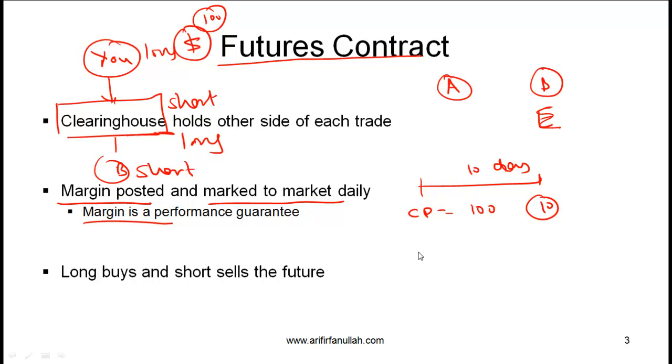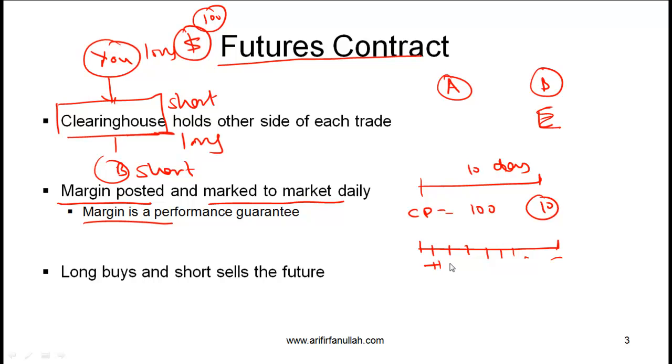Whereas if this were a futures contract and every day you benefit by $1, the bottom line is that at the end of 10 days you will again have benefited by $10. But in a futures contract, every day $1 will be added. So at the end of day 1, your account will have made $1.